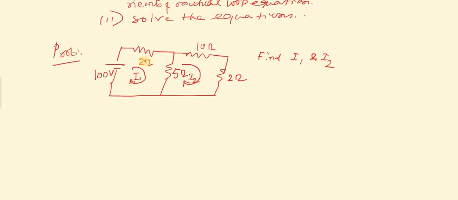Now in the loop analysis we write down these simple steps. In the first step we pick the independent loops. Here in this circuit, this is our independent loop, and there is another independent loop. So these are the two loops. The second step is to write down the individual loop equations.